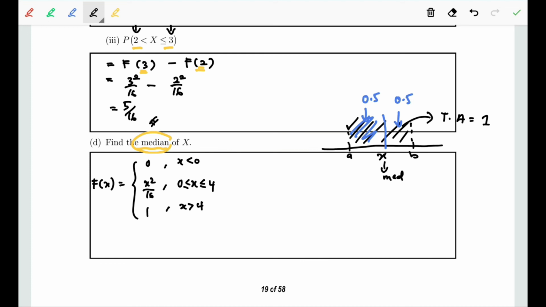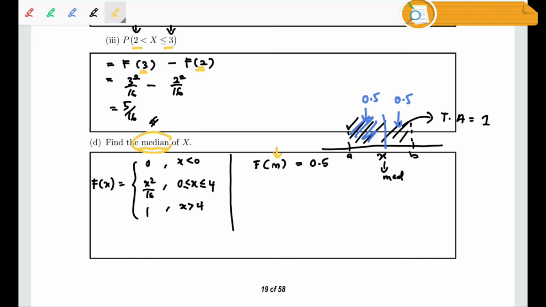Okay, for the notation, we can write f of m equals 0.5. Why m? It's just optional. You can write it as f of x, because m is actually the value of x, and m refers to the median. Why capital F?